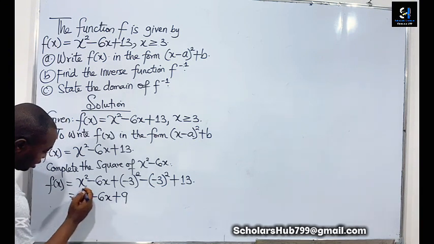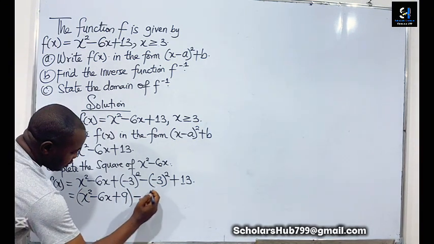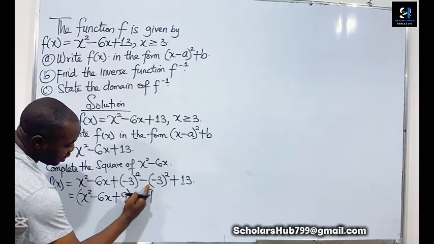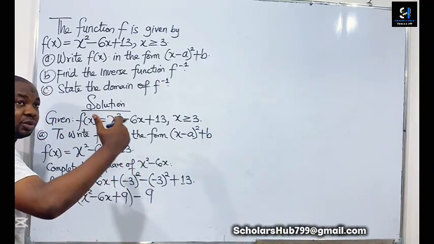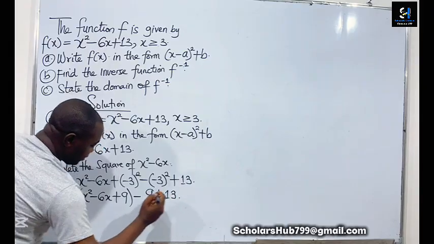Then let me bracket this. Then we have minus 9, because (minus 3) squared is minus 3 times minus 3, then plus 13.